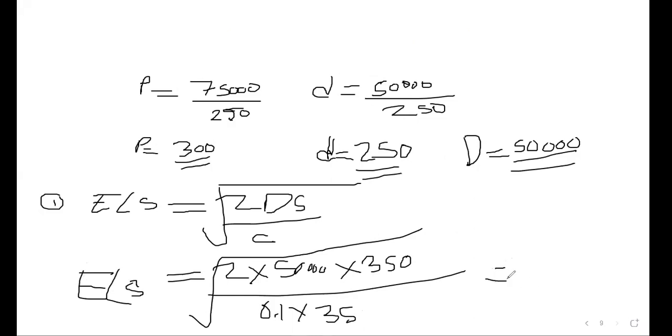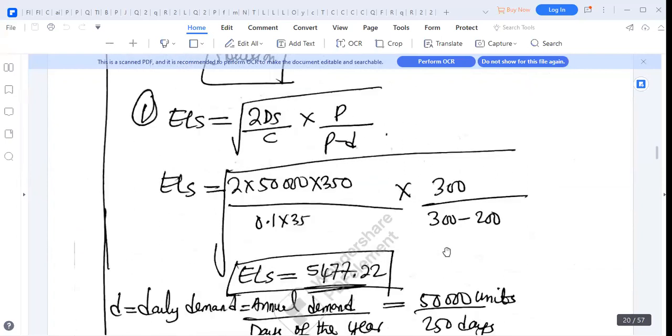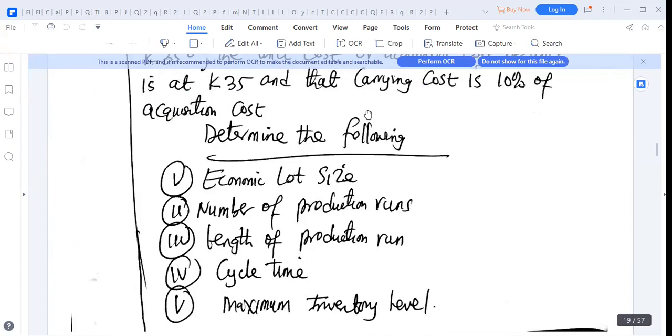Which can be calculated. So it's 2 times 50,000 times 350 divided by 3.5. So it's about getting down to the answers here. In fact, there is one aspect we need to look at. We need to incorporate the other one.